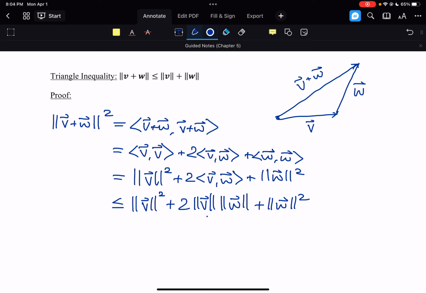And from here, we have something like x squared plus 2xy plus y squared, right? If you just envision those in variable form here, this is something that is actually factorable. So this would give us the length of V plus the length of W squared.